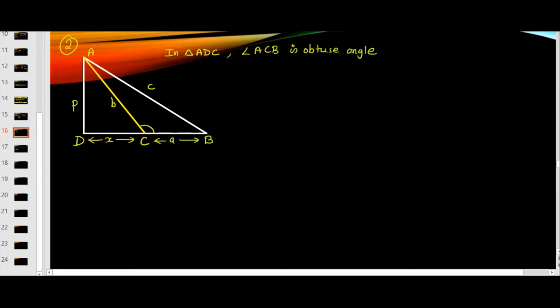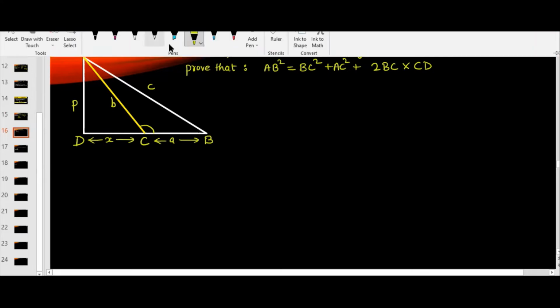What we have to prove here? We have to prove that AB square is equal to BC square plus AC square plus 2 times BC multiply CD. So we are going to prove this using this triangle. So let us prove that.